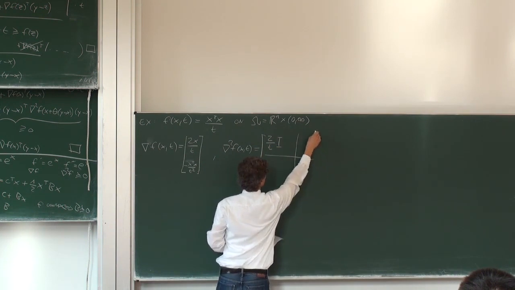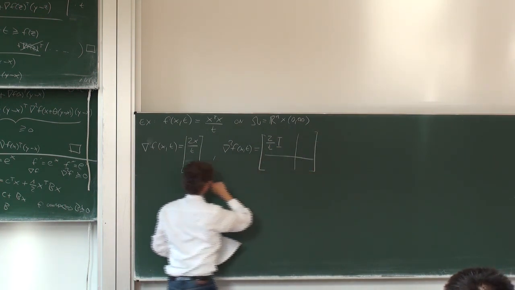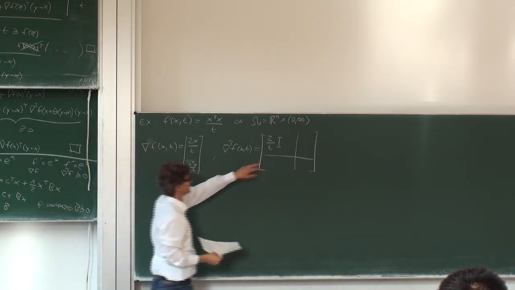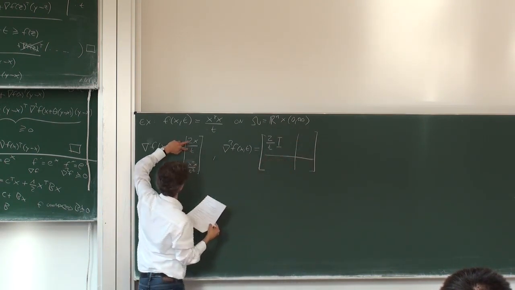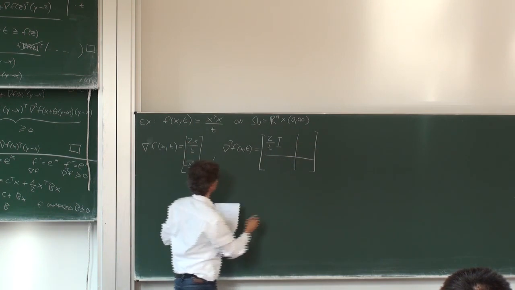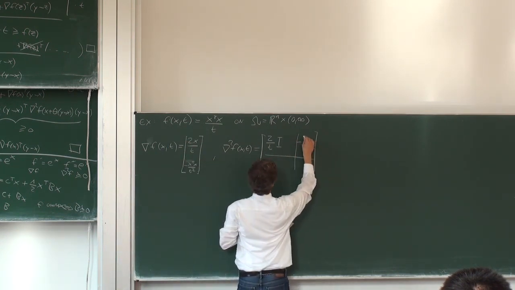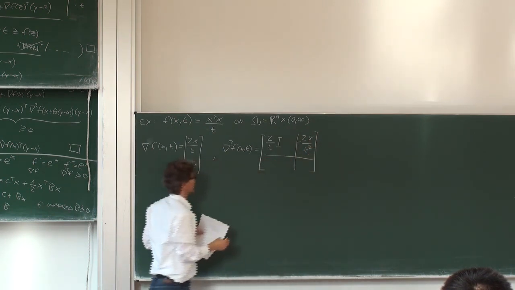That's what we have in this block. Here we will have another block, which is the derivative of this whole thing with respect to t, which gives us a minus 2x divided by t squared.